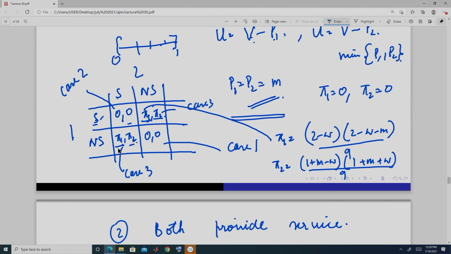Since both of them are positive, either this is a Nash equilibrium or this is a Nash equilibrium.